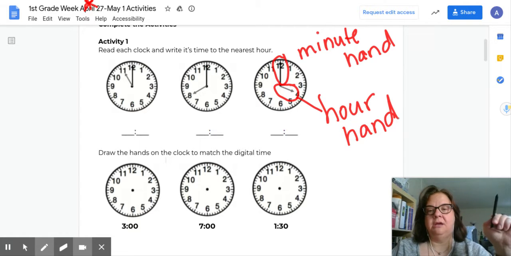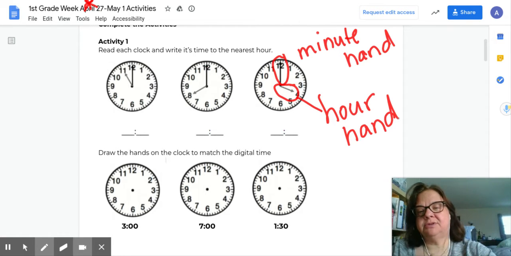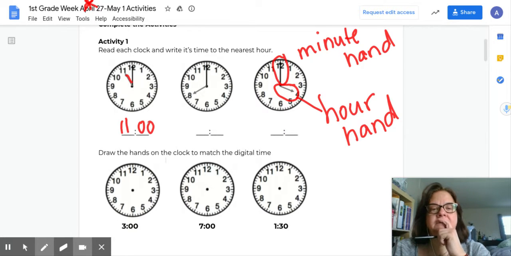So, if you're looking at the clock, the first thing that you want to do is look at the short hand first, the hour hand, because you want to see what hour it is. If it's pointing directly at a number, like this is 11 o'clock. Okay.